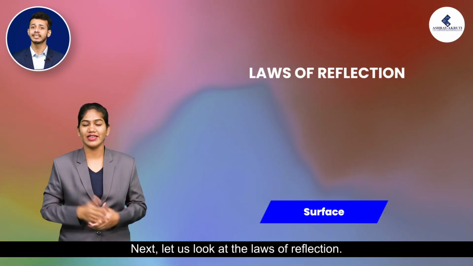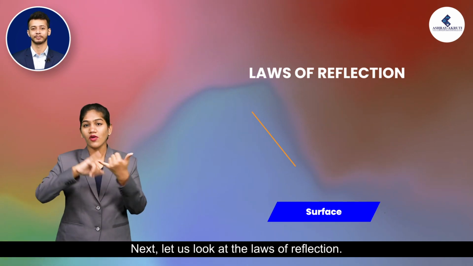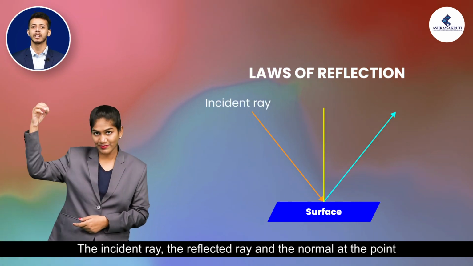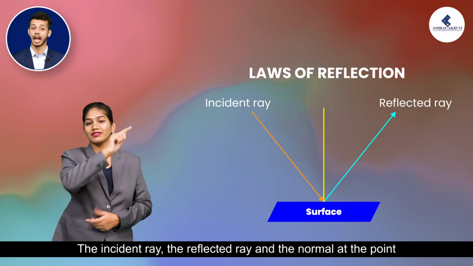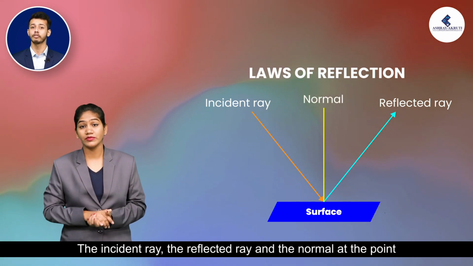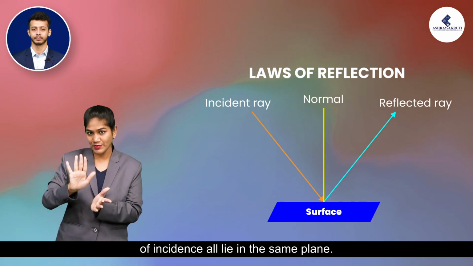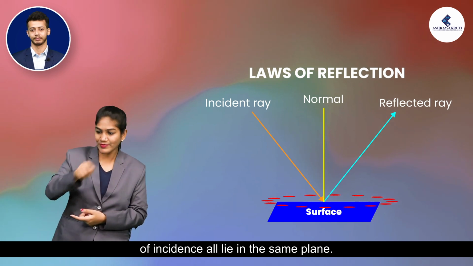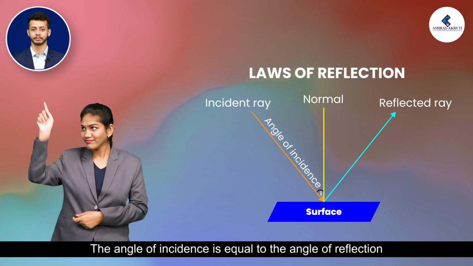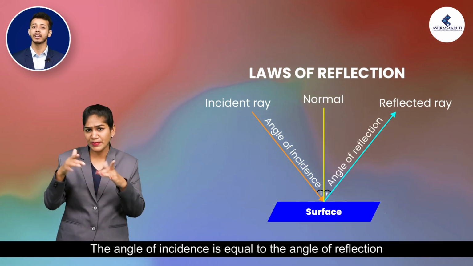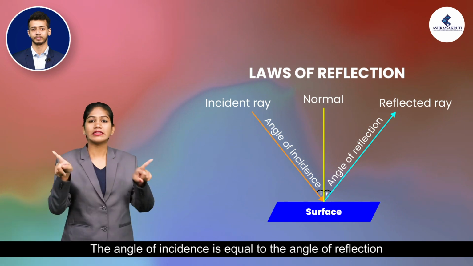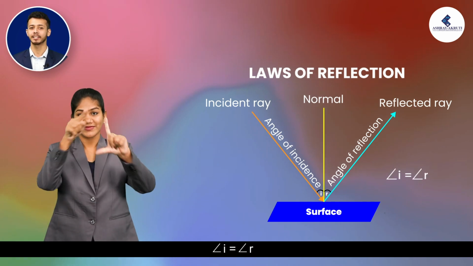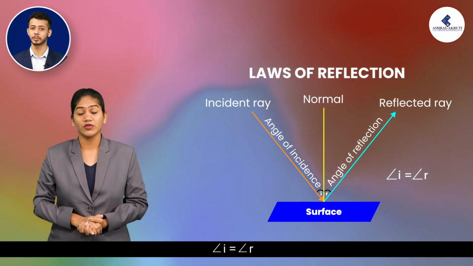Next, let's look at the laws of reflection. The incident ray, the reflected ray, and the normal at the point of incidence all lie in the same plane. The angle of incidence is equal to the angle of reflection, following the image: angle i equals angle r.